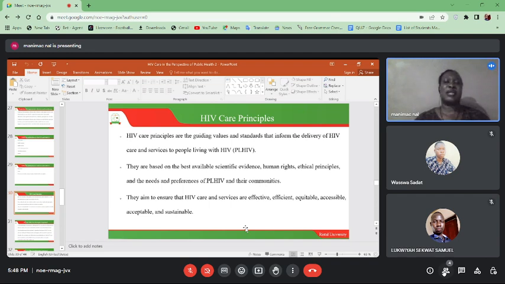Principles of care also help us to ensure that HIV care and services are effective, efficient, equitable, accessible, as well as acceptable and sustainable.